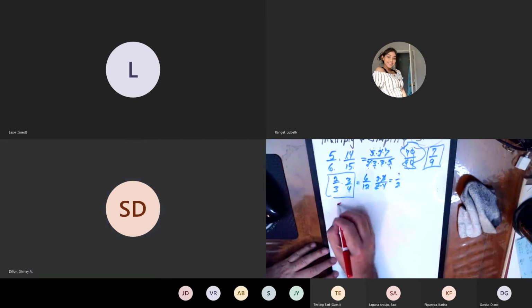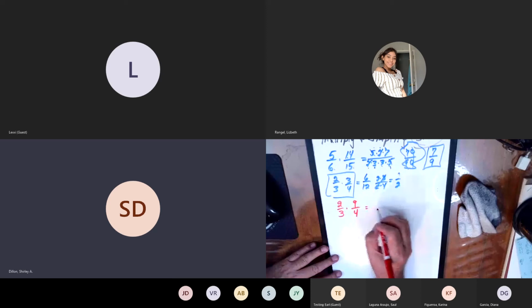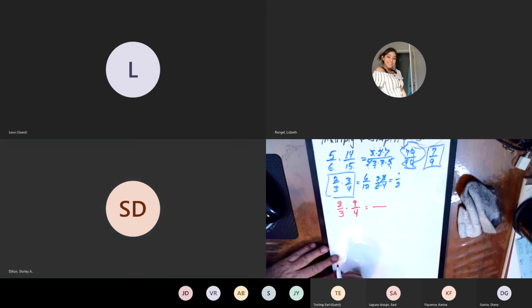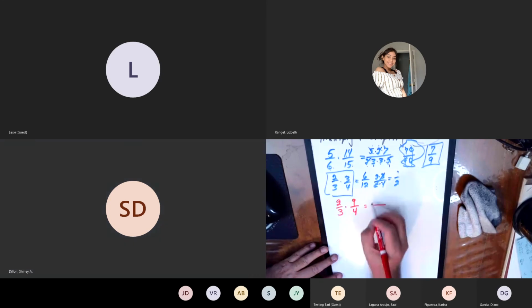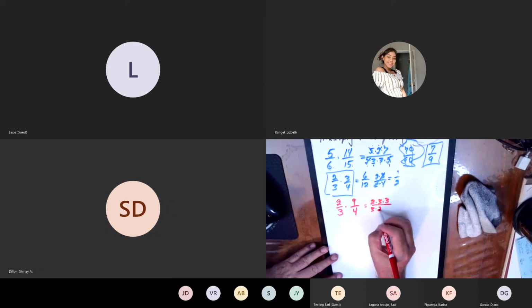All right, here we go. 2/3 times 9/4. Now those numbers are not bad, but I'm going to leave it in factored form. I have 2 times 3 times 3, and I have 3 times 2 times 2. This is 9, and this is 4.